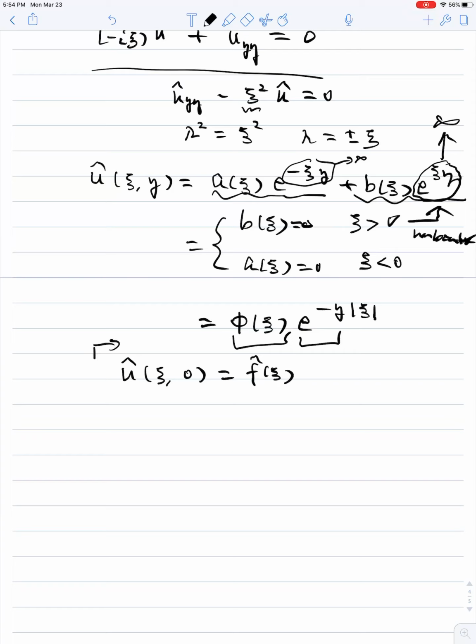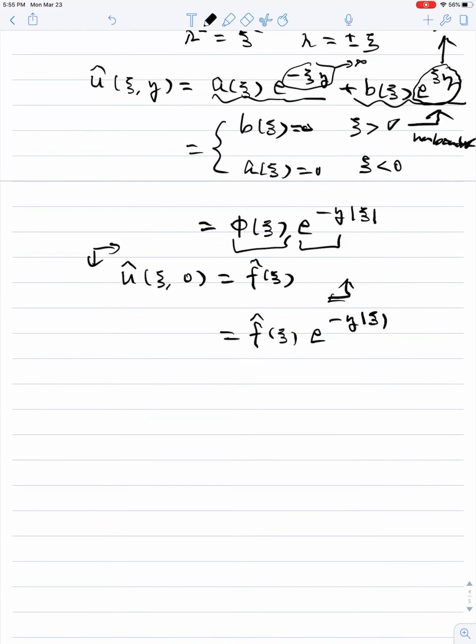Therefore the solution is f hat(ξ) e to the negative y |ξ|. So the solution u(x,y) is the convolution of f with the inverse Fourier transform of e to the negative y |ξ|.